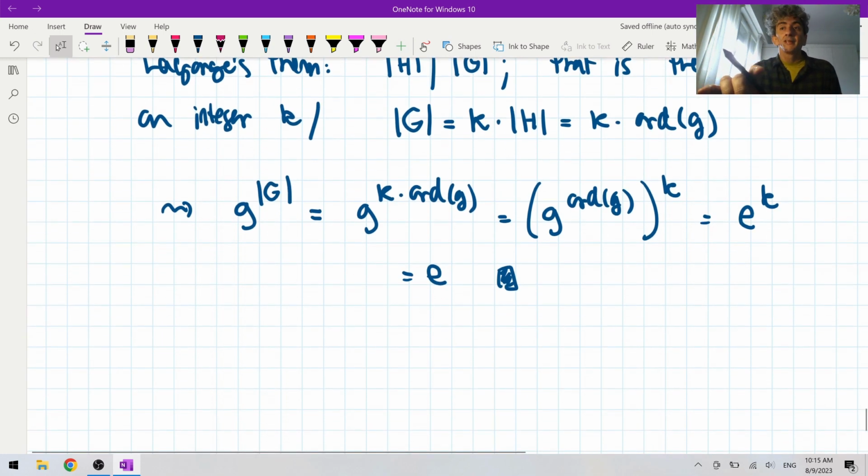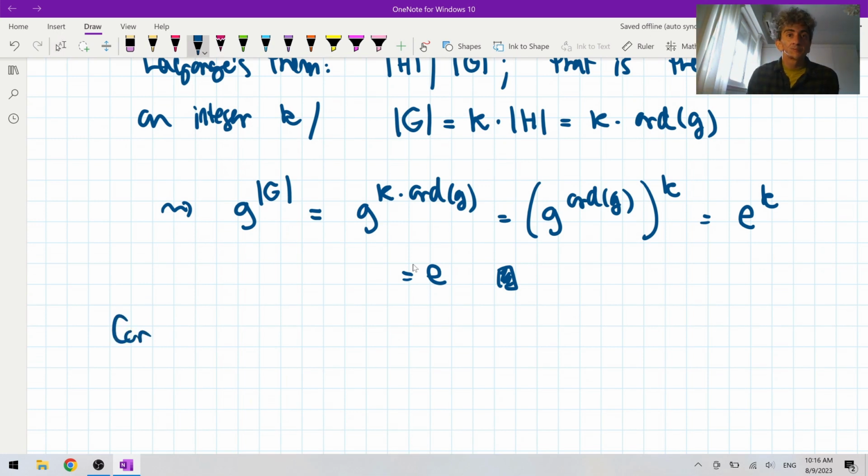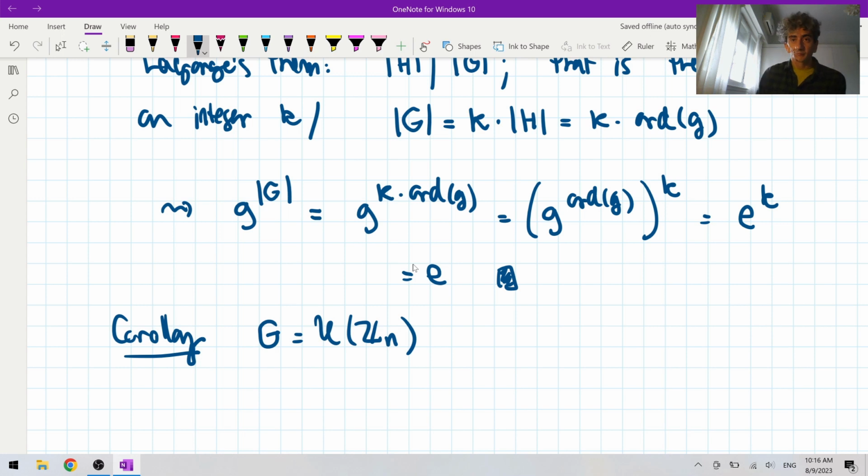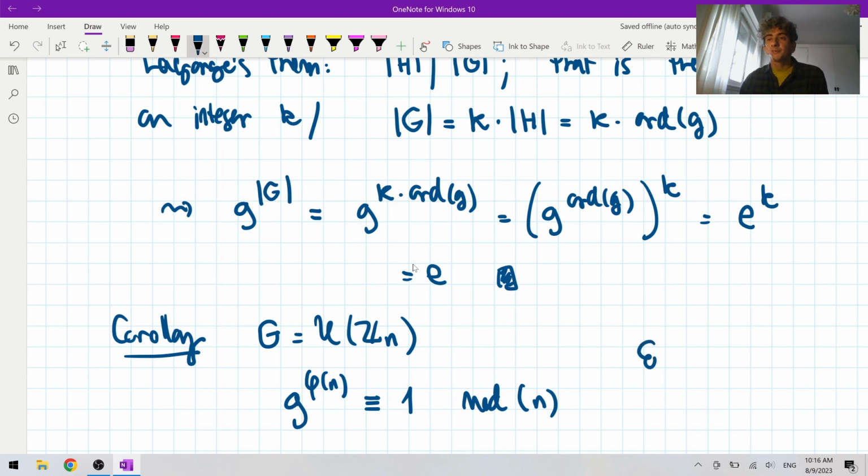Okay, so as a corollary, in the context of G being the units of Z_n, this says that g to the order of G, which is phi of n, is actually the identity element. It is congruent to 1 modulo n. This is the Euler-Fermat theorem.